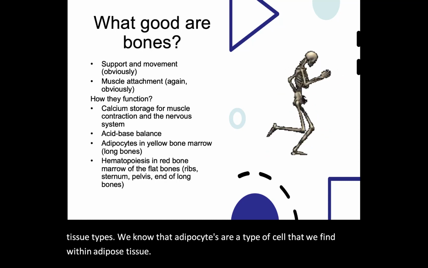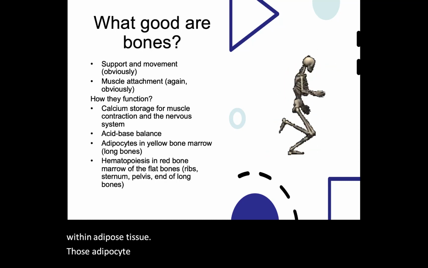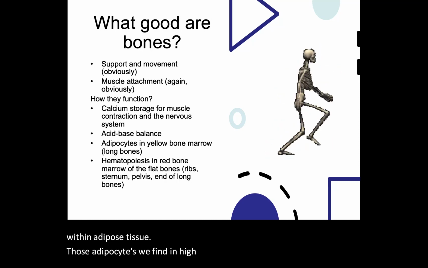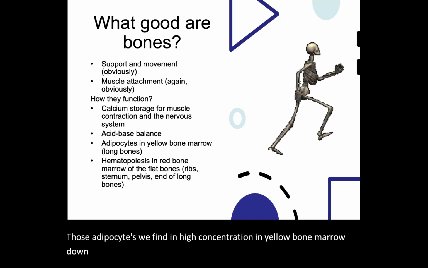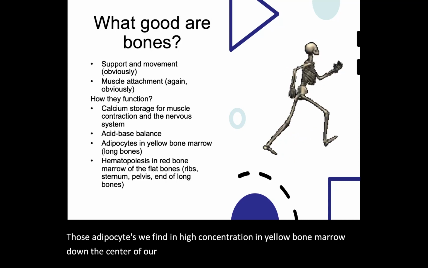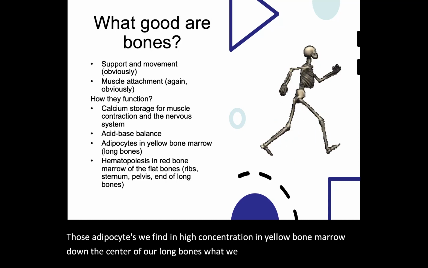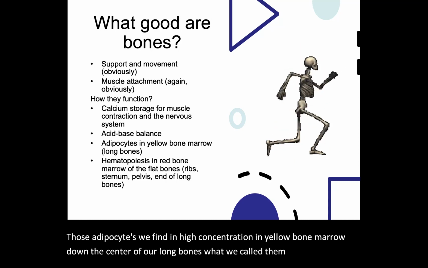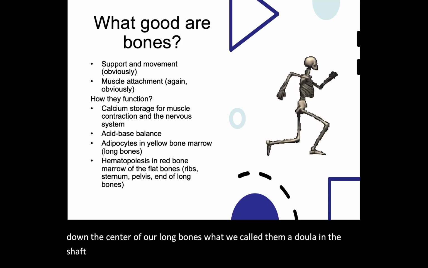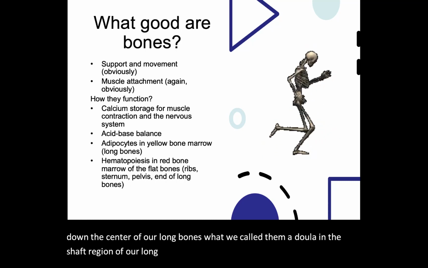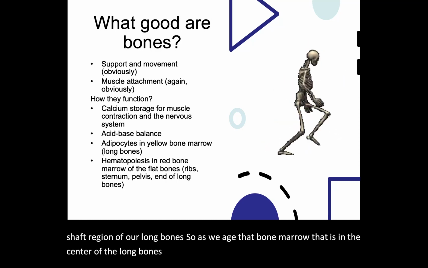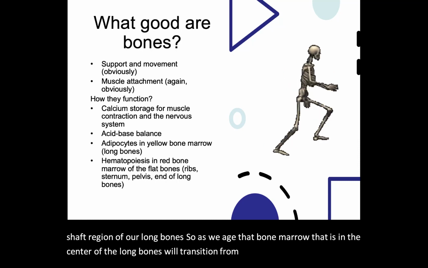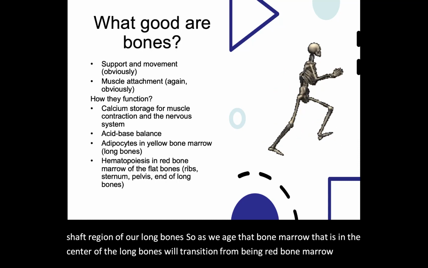Those adipocytes we find in high concentration in yellow bone marrow down the center of our long bones, what we call the medulla, in the shaft region of our long bones. As we age, that bone marrow in the center of the long bones will transition from being red bone marrow into yellow bone marrow.